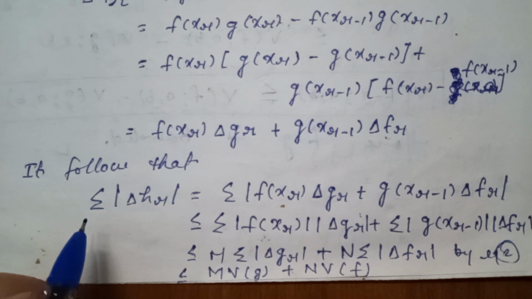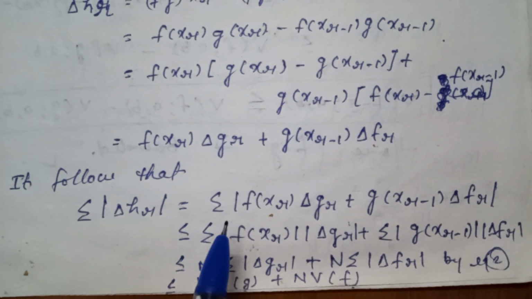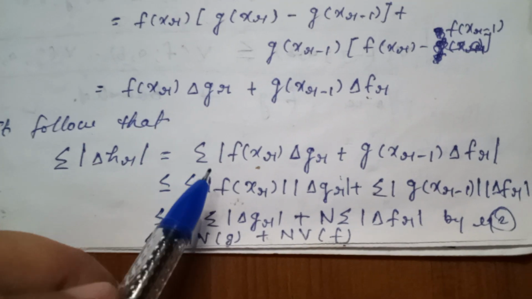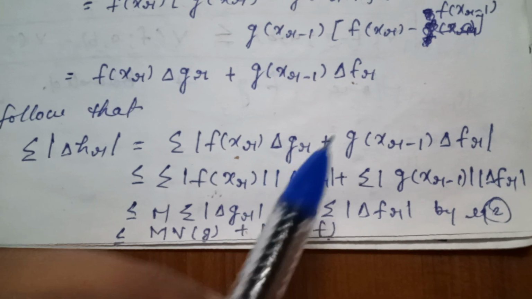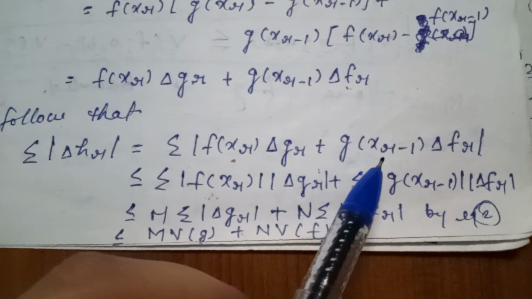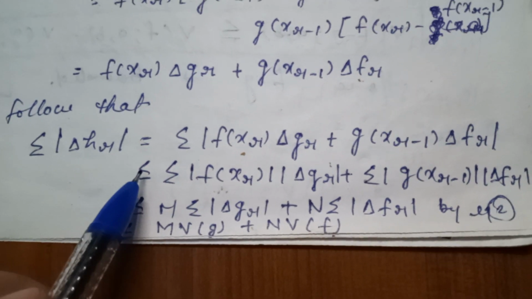It follows that summation mod delta h_r is equal to summation mod f(x_r) delta g_r plus g(x_{r-1}) delta f_r.